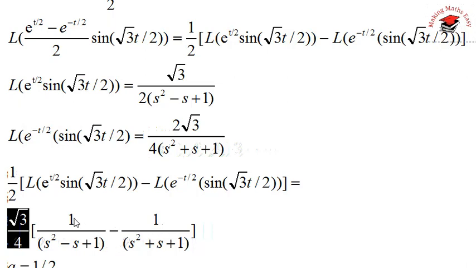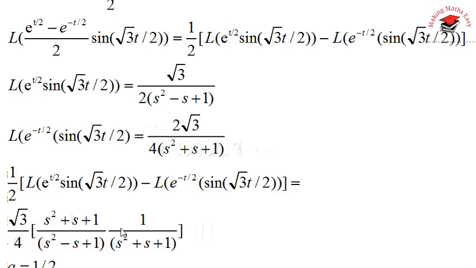So now let us perform the cross multiplication. For cross multiplication we have to multiply this by 1, also we have to multiply this by 1, and then we have to find out the answer. So this will be (s square plus s plus 1) minus (s square minus s plus 1).